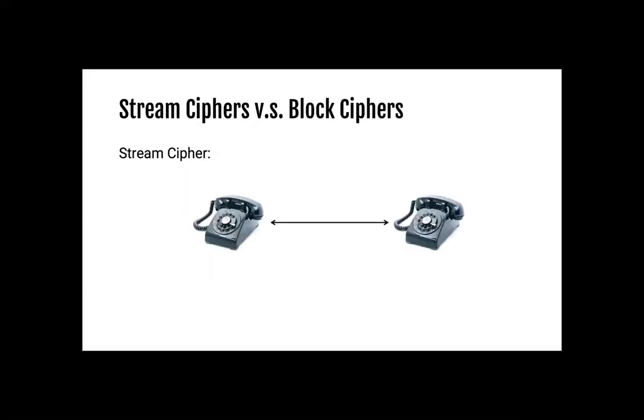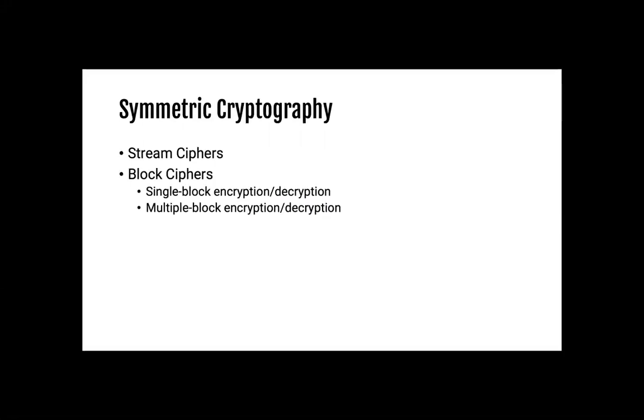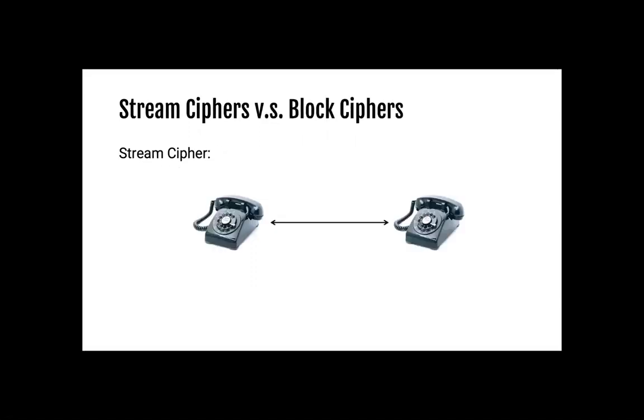So first, let's talk about the difference between stream ciphers and block ciphers. I know that here I just threw out a bunch of terms, like stream ciphers, block ciphers. You may be able to understand it in a very informal and coarse way. But now let me give you a more concrete way to understand the difference.